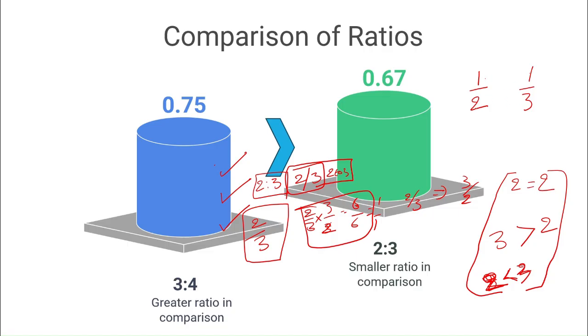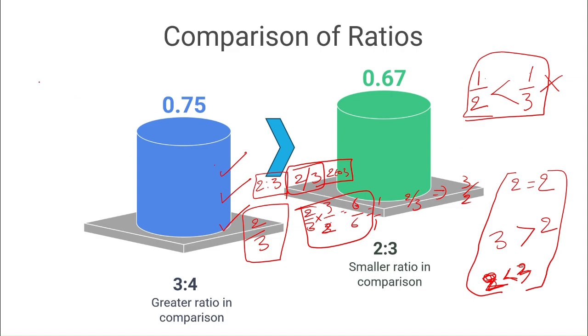If you simply say, okay, I can see 2 on the left side and 3 on the right side, so I can simply say it this way, then you will fail, because when it is in numerator and denominator, the place value also matters. So to avoid confusion like this, we first have to get the decimal values of the fractions, then compare them so that you will get the better value.